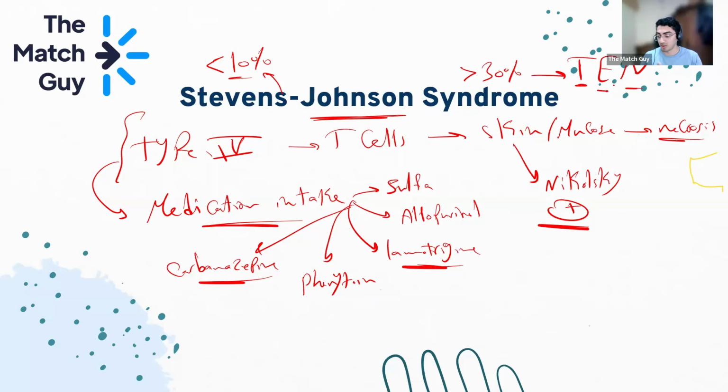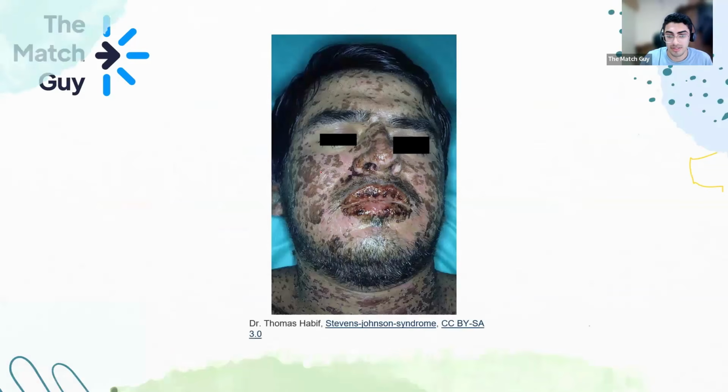Okay, toxic epidermal necrolysis. It is the same as Stevens-Johnson syndrome, but the difference is the surface area affected. All right. Okay, as you can see, this patient has skin involvement and mucosal involvement. Again, you can't have Stevens-Johnson syndrome without the mucosal involvement.